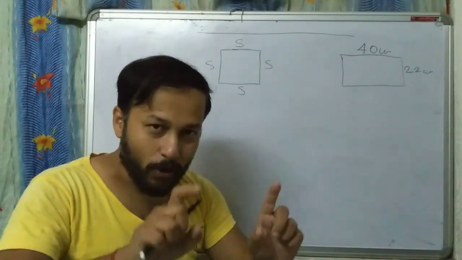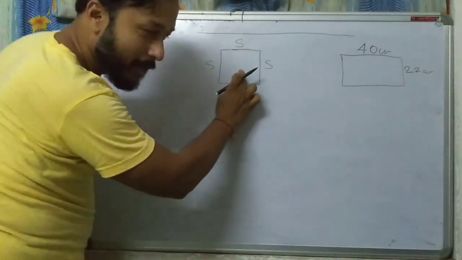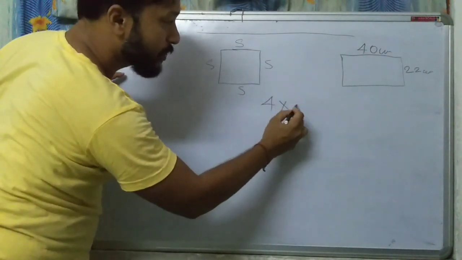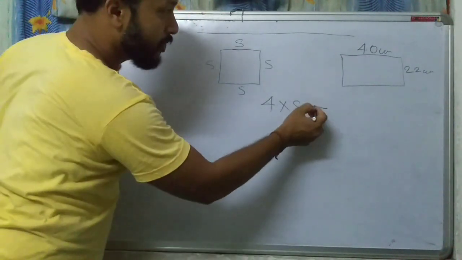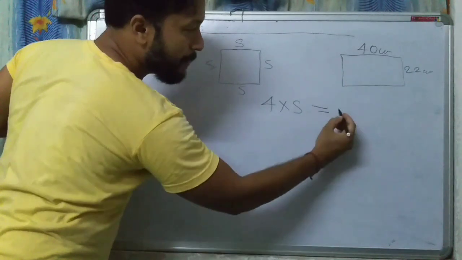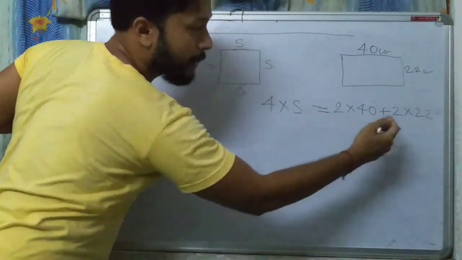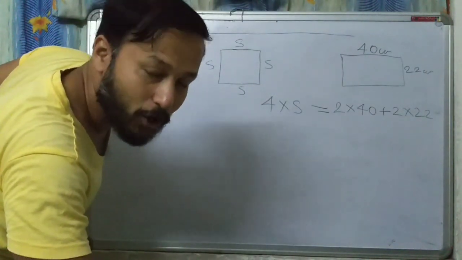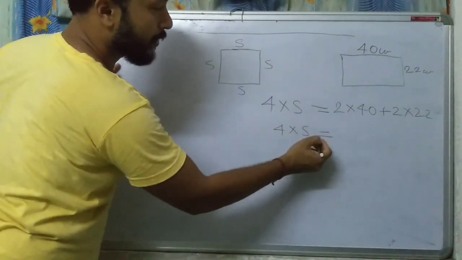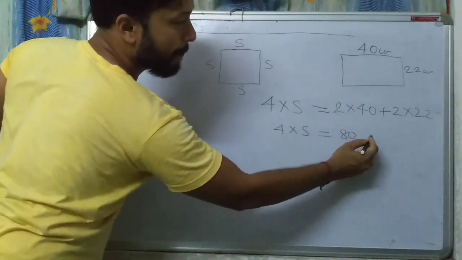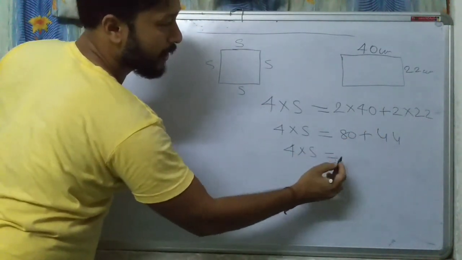So let us write this. Perimeter of this square is 4 into side, from the formula we discussed in the beginning, equal to the perimeter of the rectangle, 2 into L plus 2 into B. So 4 into S equals 80 plus 44.